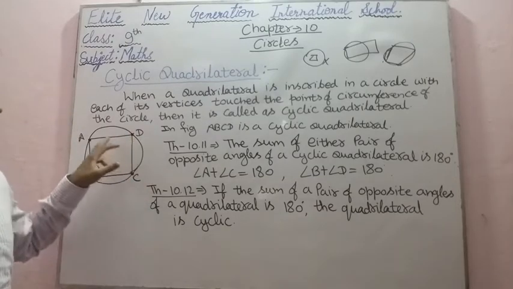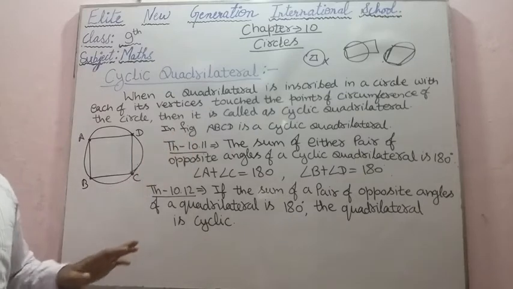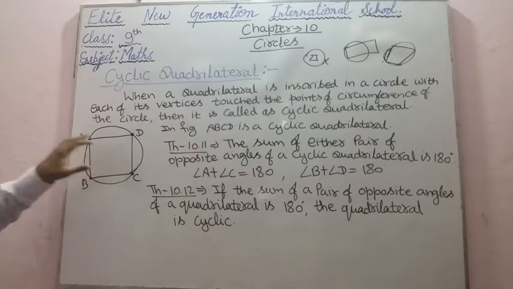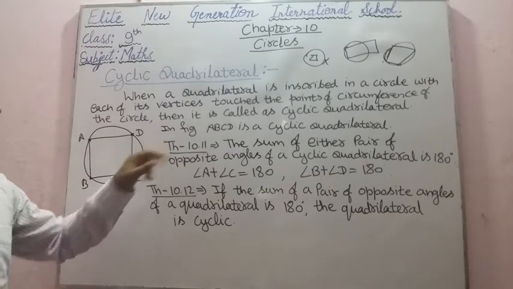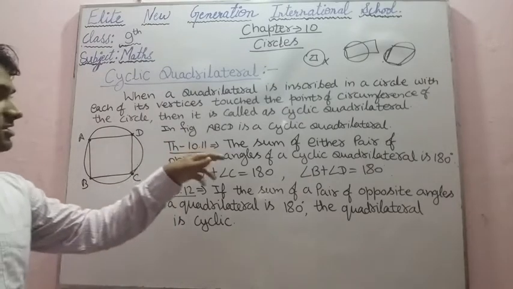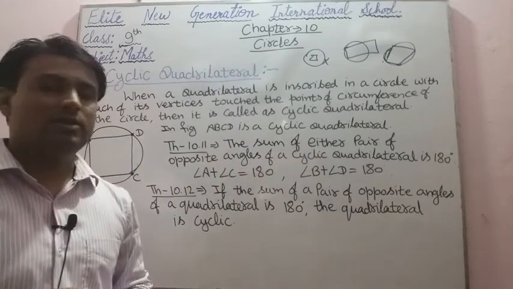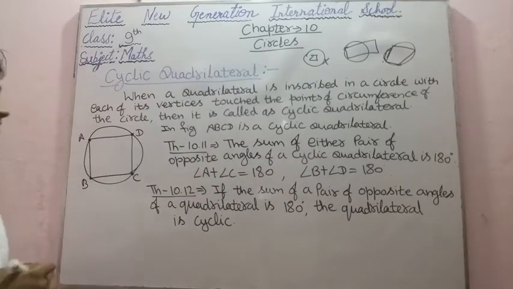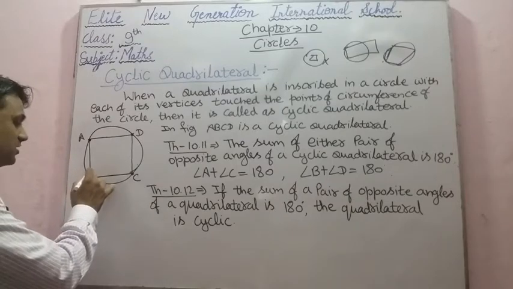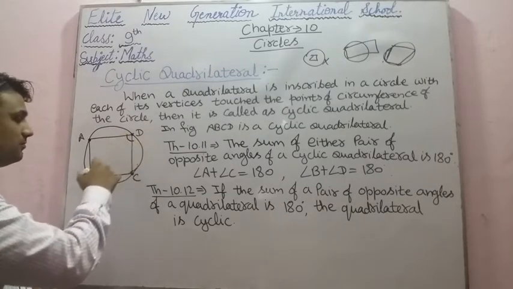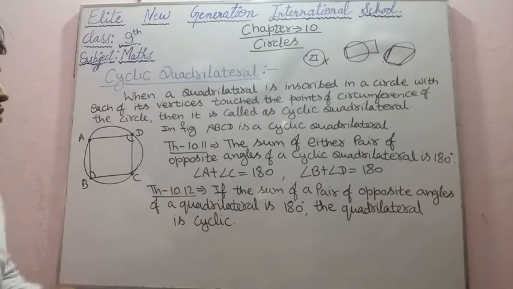First is theorem 10.11. In this figure you can see that ABCD is a cyclic quadrilateral. Theorem 10.11: the sum of either pair of opposite angles of a cyclic quadrilateral is 180 degrees. That means in any cyclic quadrilateral the sum of opposite angles will be 180.